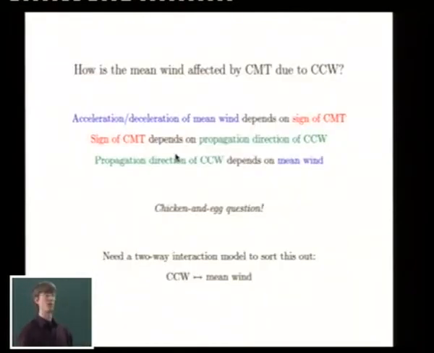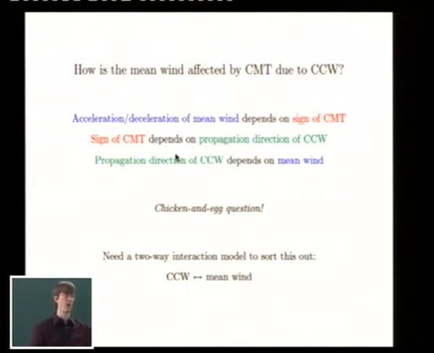So it makes you wonder, in any given situation, what's going on? How does the mean wind interact with convectively coupled waves and their momentum transports? As we just saw, the acceleration or deceleration depends on the sign of the CMT, and that depends on the propagation direction of the wave.